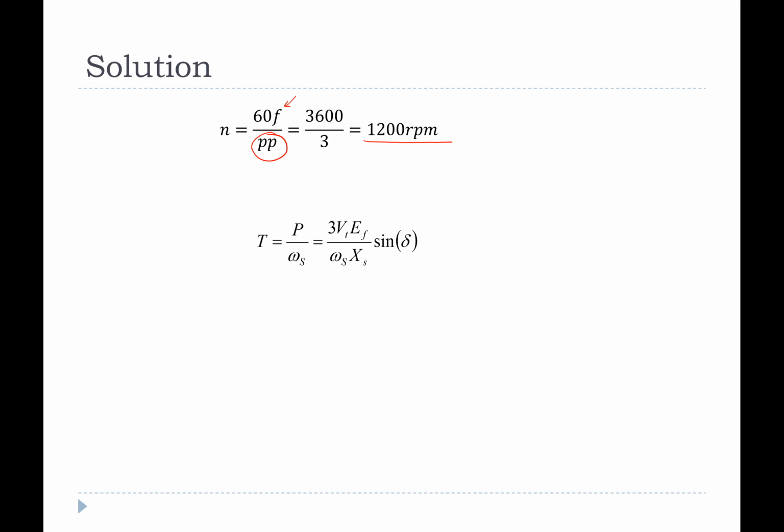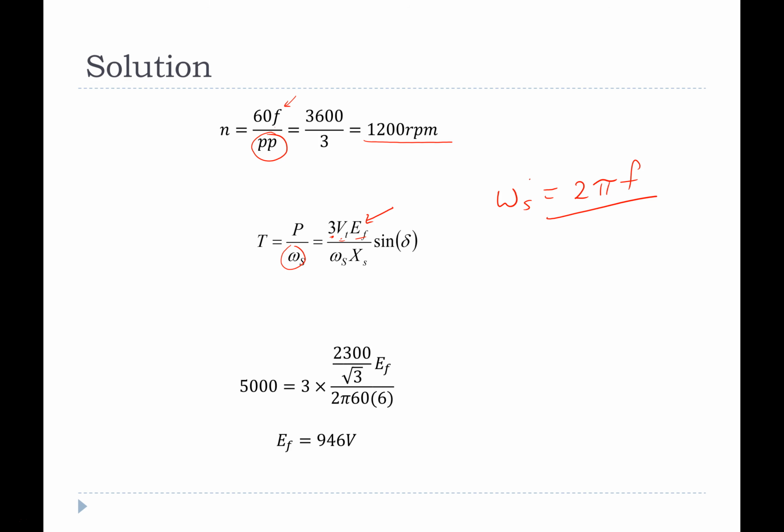And the next thing I want to do is find the minimum excitation required, which is EF. I know T is equal to P on omega S, which is 3 VT EF on omega S XS sine delta. Remember, in this case, VT and EF are both phase voltages. So I want to find what is that minimum excitation. Now I know omega S is equal to 2 pi F, which is our electrical frequency.